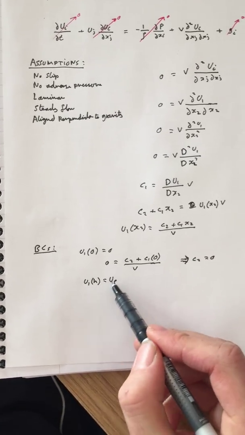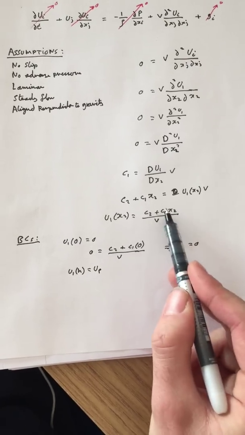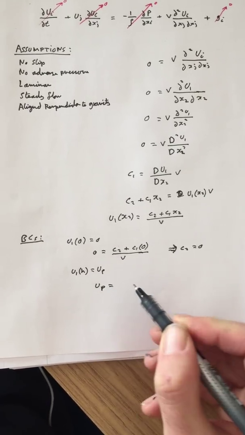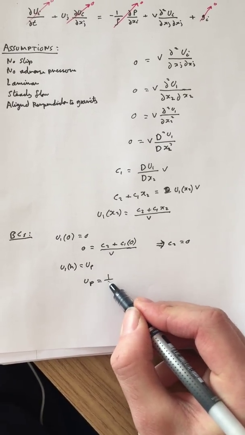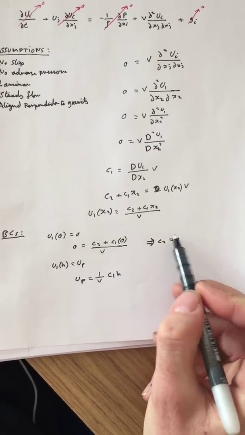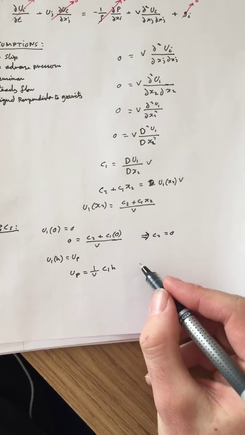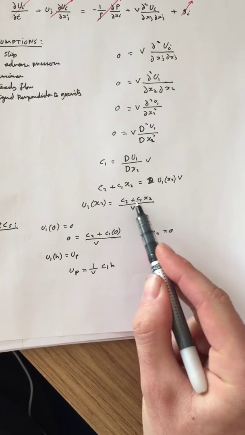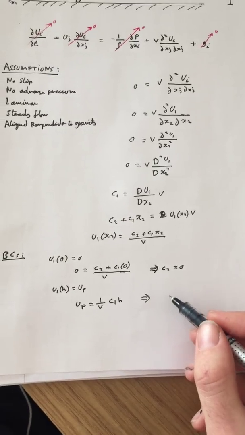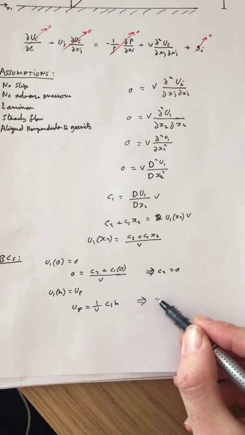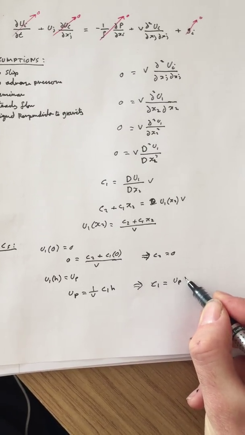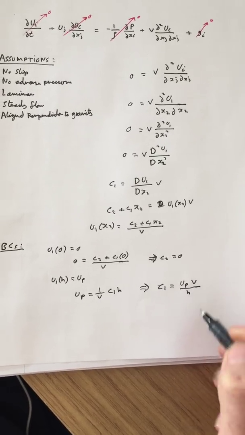So again, plugging this condition into this equation, we get u plate is equal to 1 over viscosity times c1 h, and we already said c2 is 0, so we can just ignore that when plugging this condition into that equation. So that implies that c1 is equal to velocity of the plate times viscosity over h.